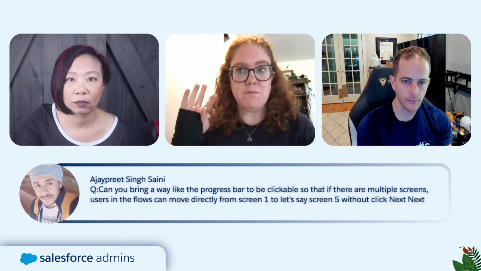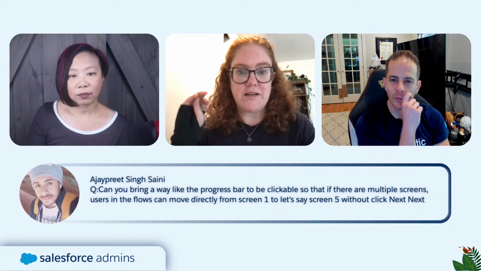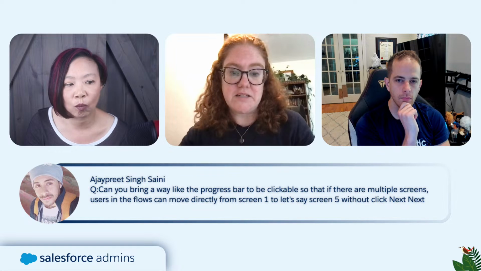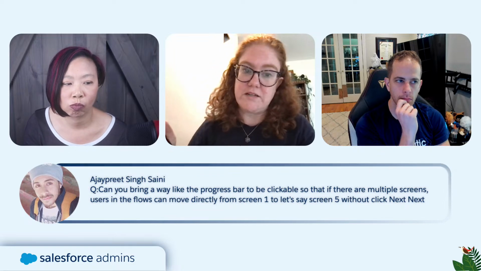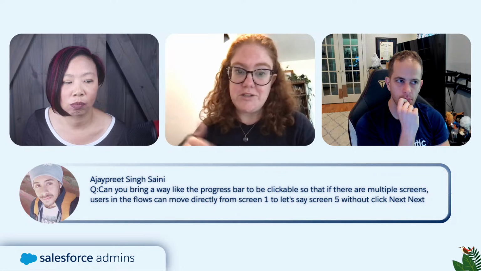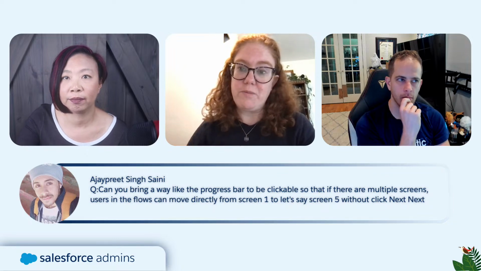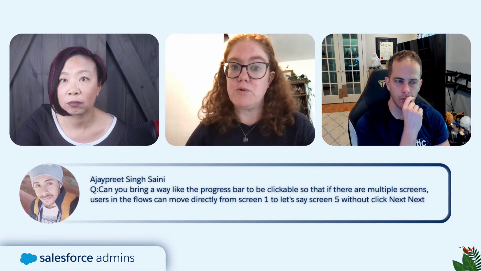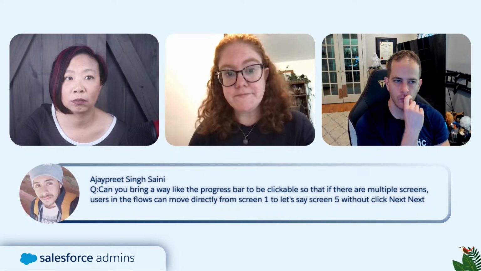We're worried about being able to ensure that jumping from screen 1 to screen 5 means you're going to have valid data by the time you get to screen 5. So that's just something we need to try to work on carefully. I would really like, particularly with this one, to get more info about how you would like to use this for your flows. So I would love to hear from you on idea exchange about this.